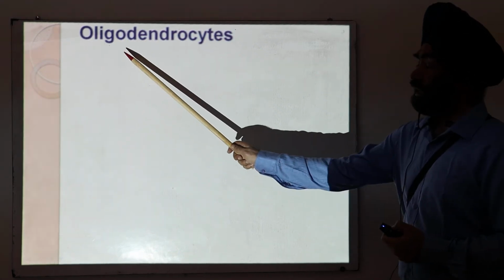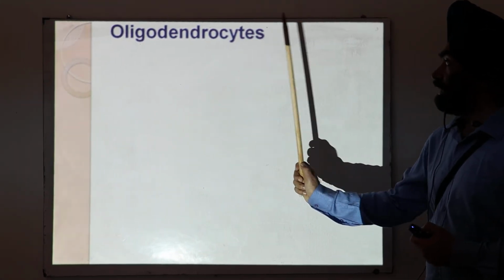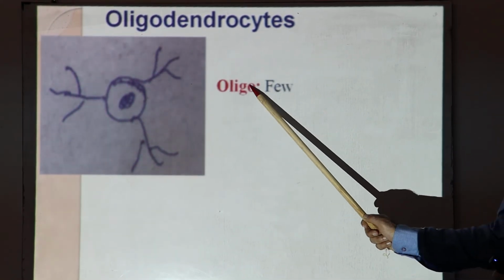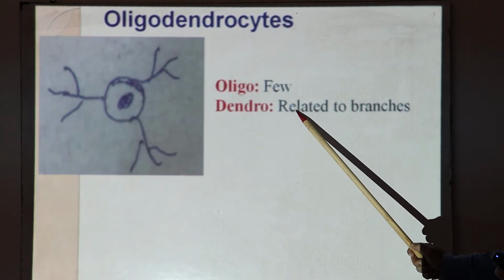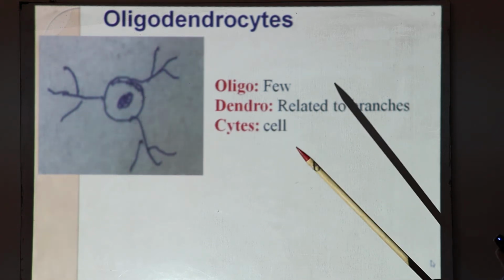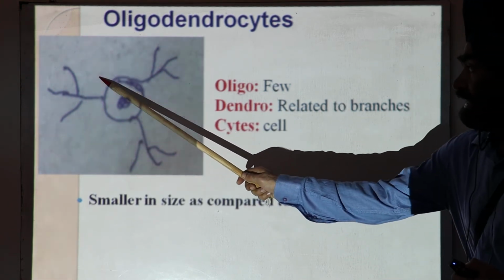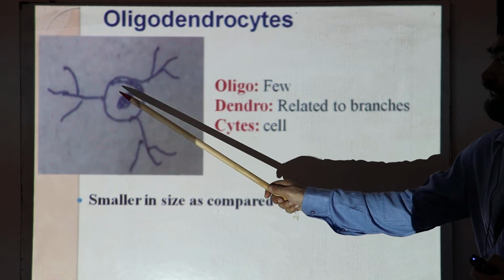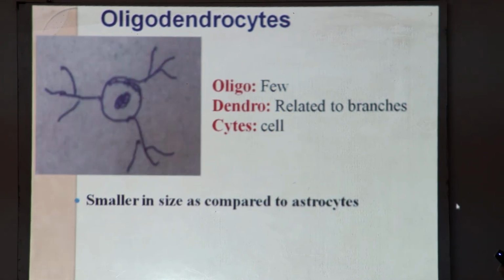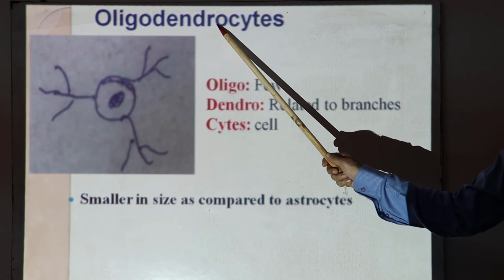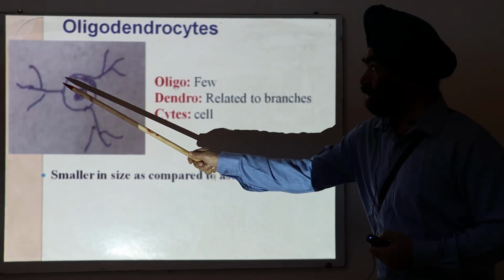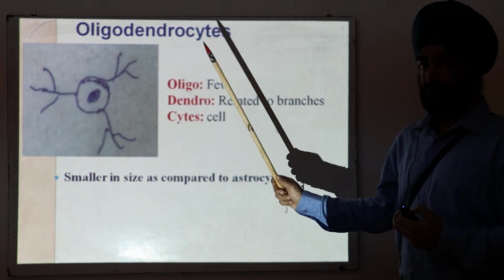Coming down to another one, oligodendrocytes. Oligo means few, dendro relates to branches, like a tree, and cytes means cell. So these are cells in which there are few processes attached. Not many, but few. If you compare oligodendrocytes and astrocytes, this is one difference: few processes in oligodendrocytes and many in astrocytes.